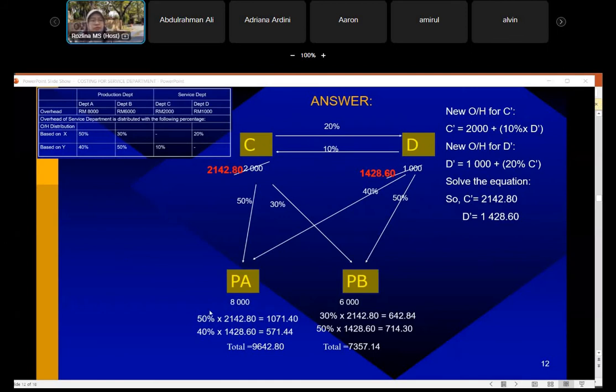Is it okay? Still okay, right? This one is simpler kan? Compared to yang ABC, right? ABC tu quite difficult lah. Not difficult, dia rumit, complicated.